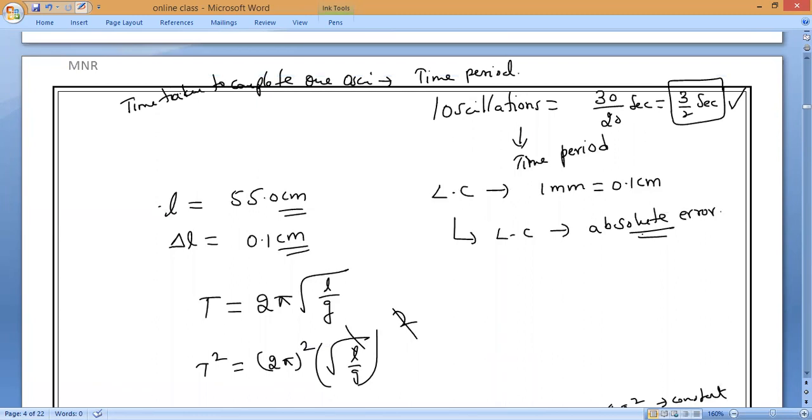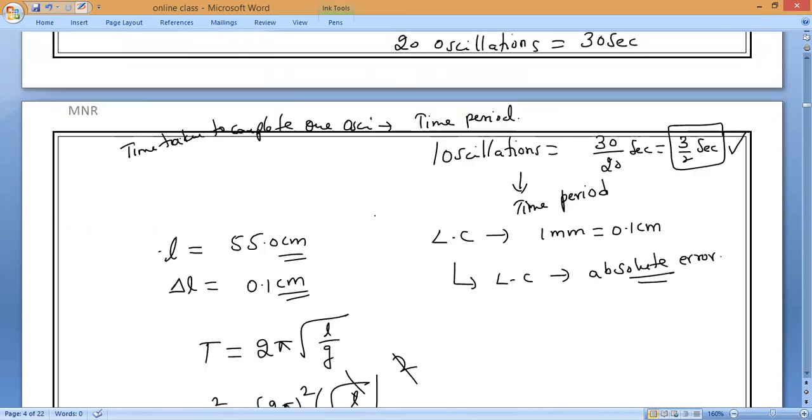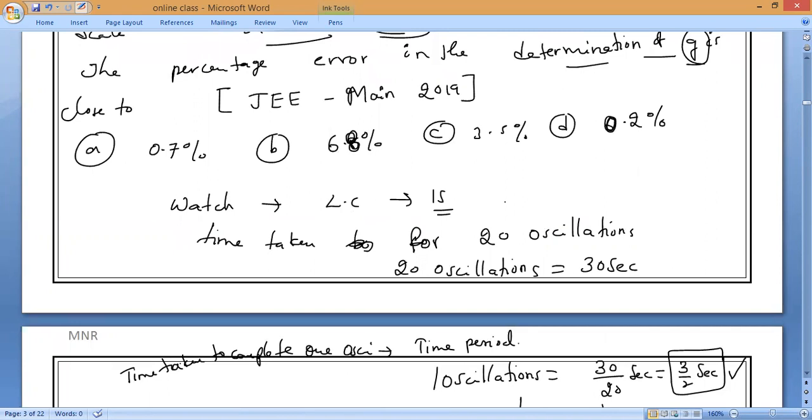So now can you tell me what is delta t? What is the watch least count? Not the scale, the watch. 1 second, that is delta t. So delta t equals 1 second, the least count.